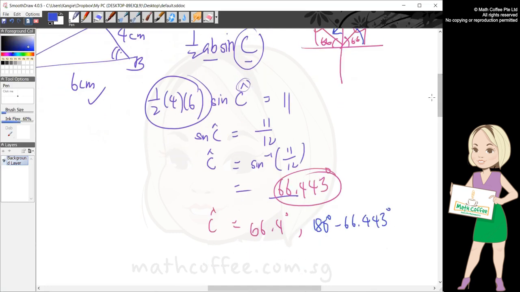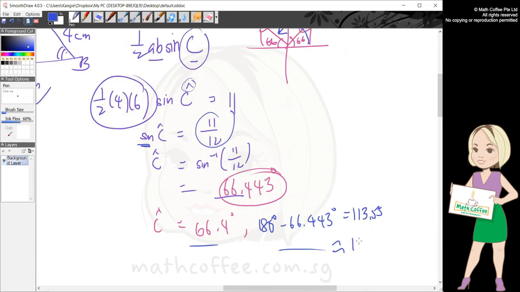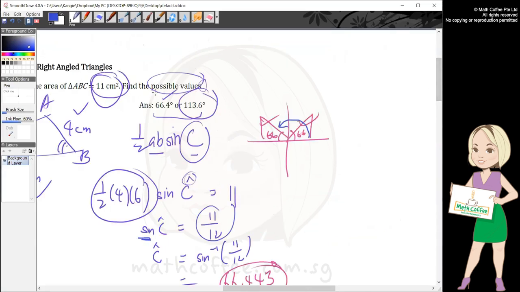In E-Math, I just ask you to memorize: whenever you do sine inverse of a positive value, you will have two answers. So you get 113.55, rounded to 1 d.p. Angle is always 1 d.p., so 113.6 degrees. And that is why we have two answers.